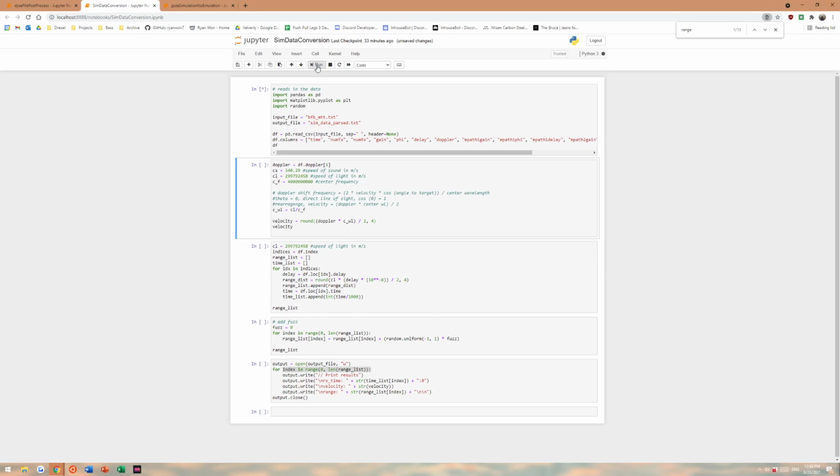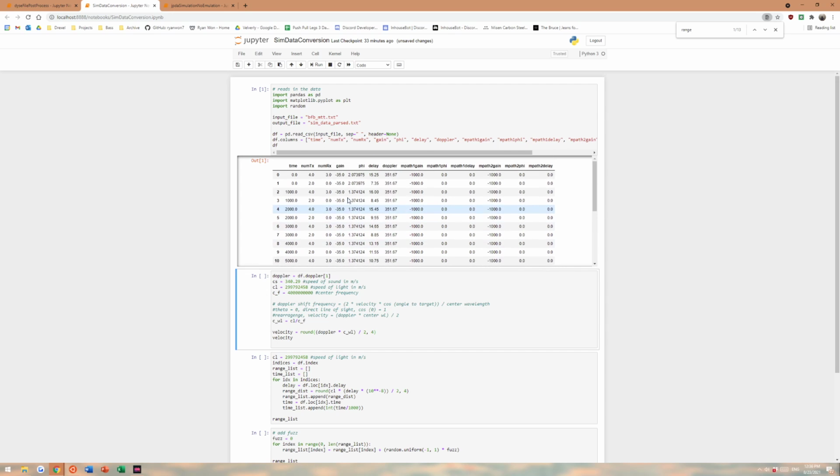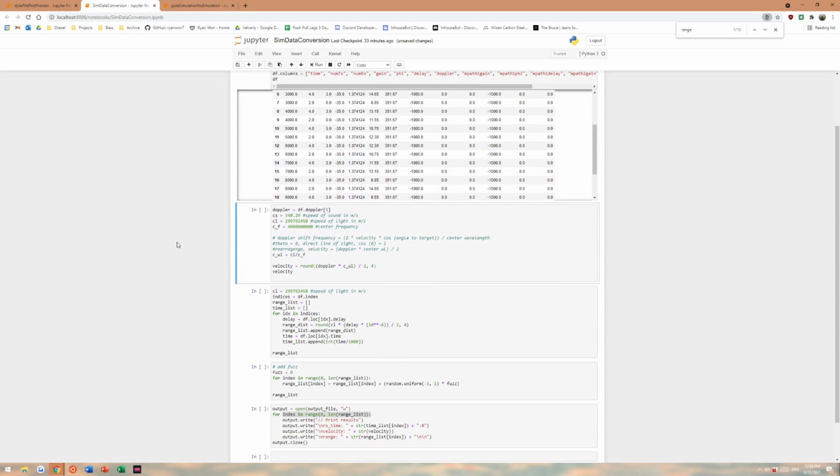It reads in the data from our text, and again, we can see it all here. The first thing it does is calculate the velocity. While velocity isn't too important in the context of our simulation, since all of our graphs are range versus time graphs, we figured it would be appropriate.